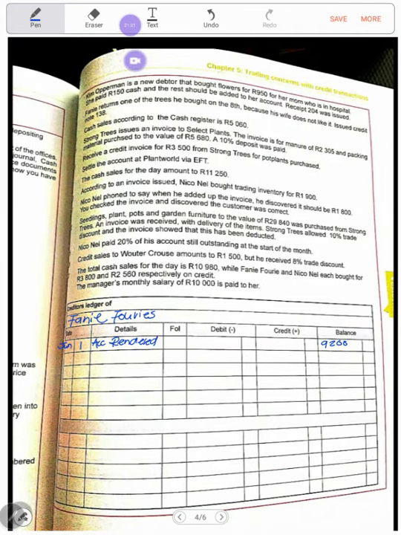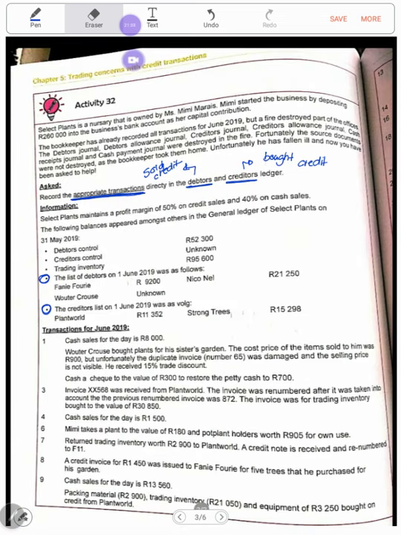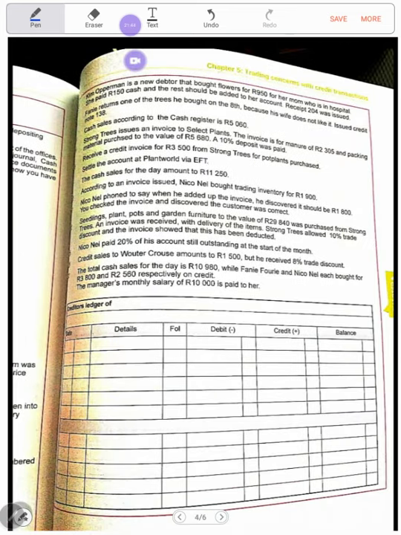If he took more on credit, sorry, we're in the creditors ledger over here, but it's the same thing. Plant World, 11,352.